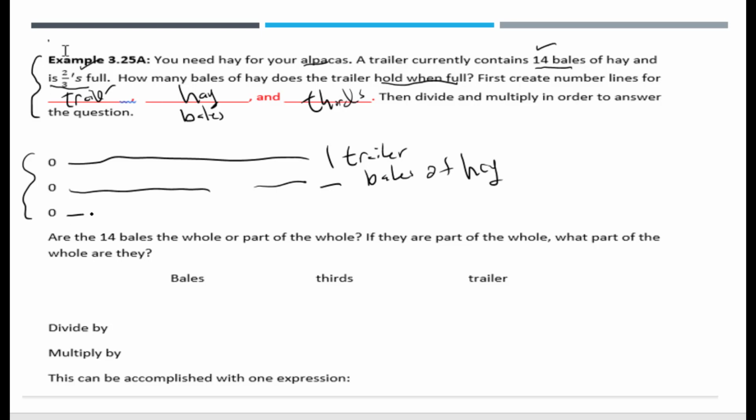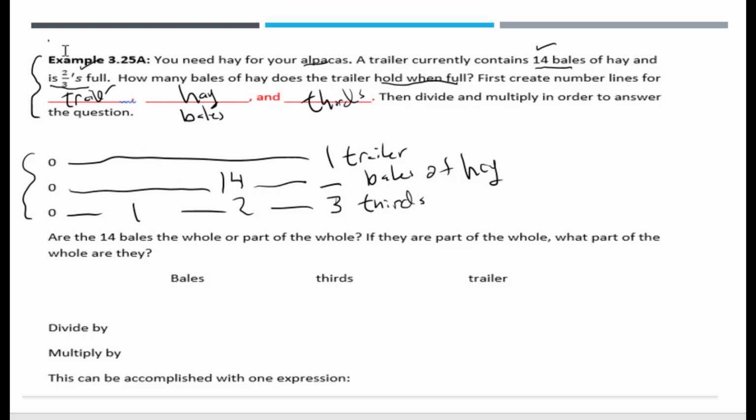And this will be in thirds. 1, 2, 3 thirds. So we know that 2/3 is 14 bales of hay. But we want to find out how much the trailer holds, and the trailer holds 3/3.